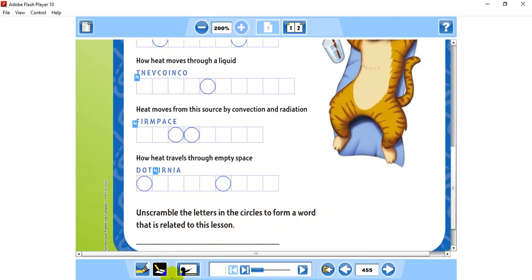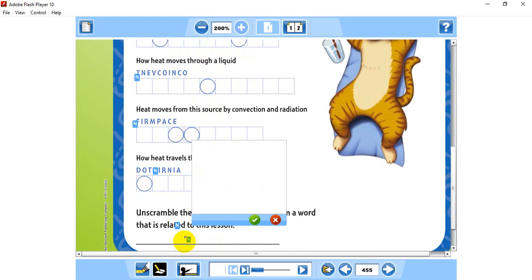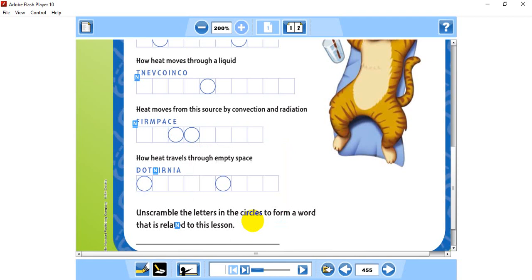If you collect the letters from the circles and combine them together and write them here, you will find that the word is what exactly? Temperature. Okay, temperature. Okay, let's go to the next page now.